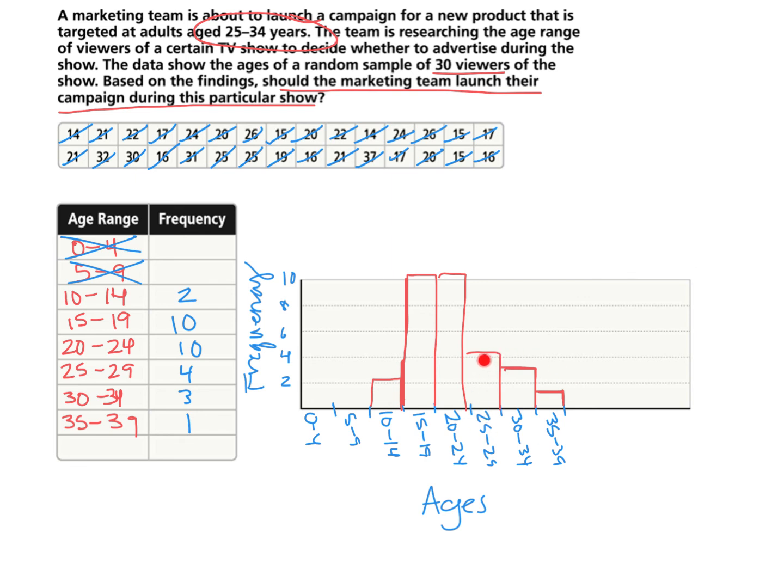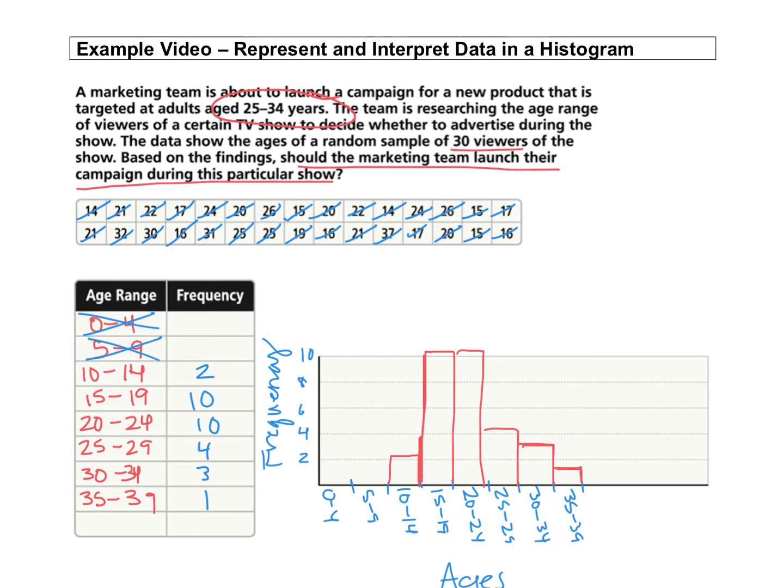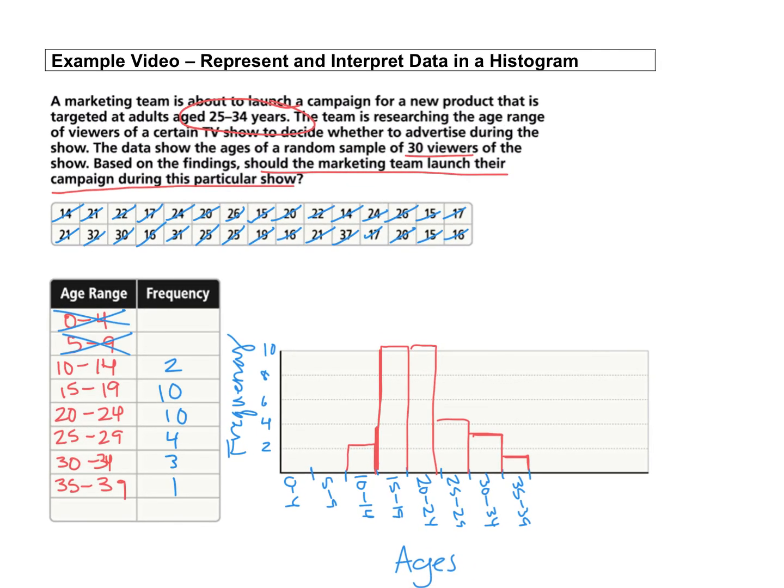We've got 4, 5, 6, 7. We only had 8 viewers in the age range. The people that watch this particular show are really between the ages of 15 and 24. So this would not be a good show for the marketing team to launch their campaign. And that is what this histogram shows us.